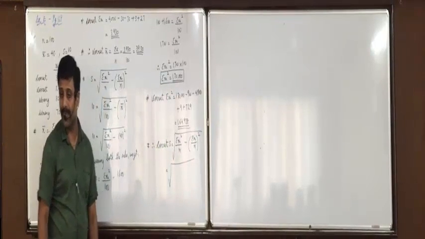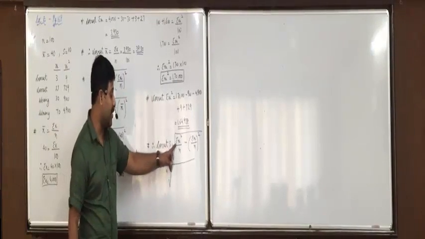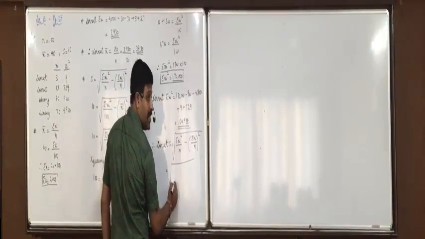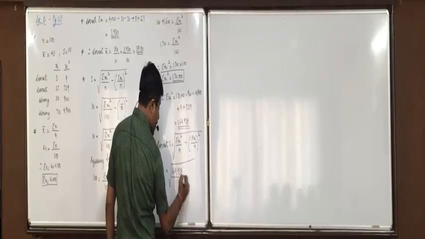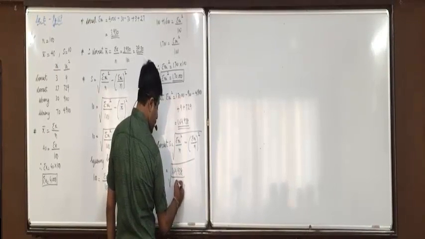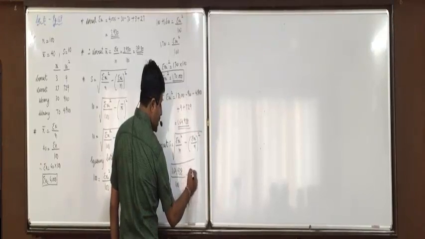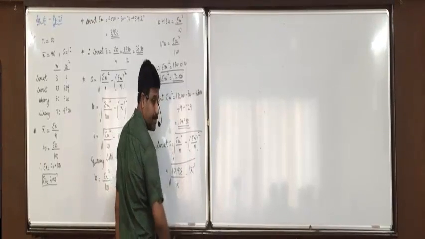So square root of, now which sigma xi square will we take? 164,938 upon what is n? 100. Now what is sigma xi upon n? We can say x bar.